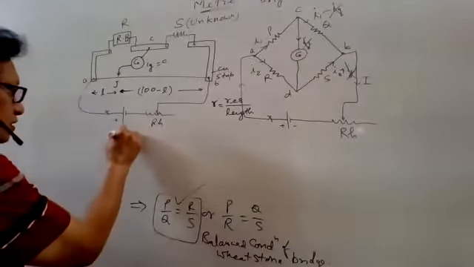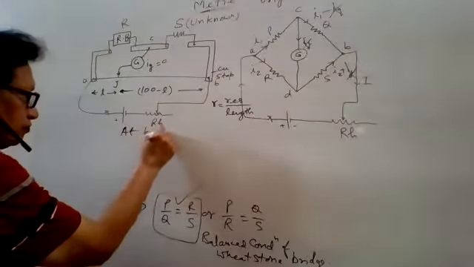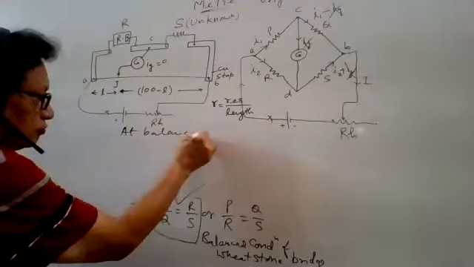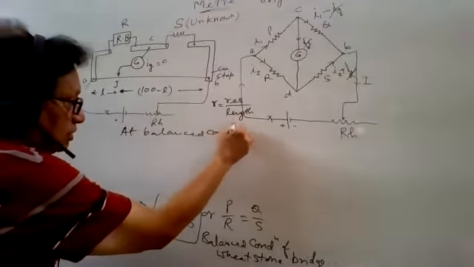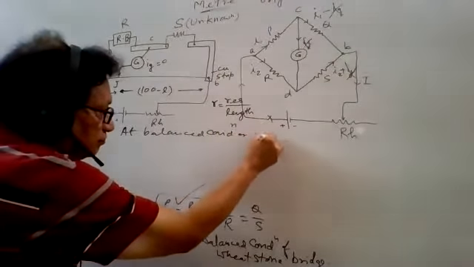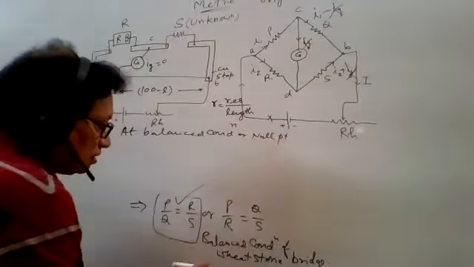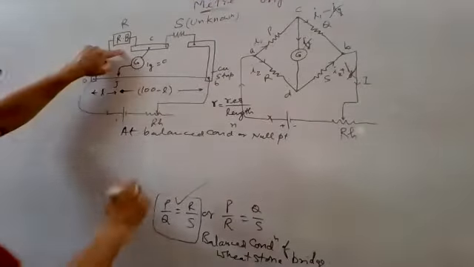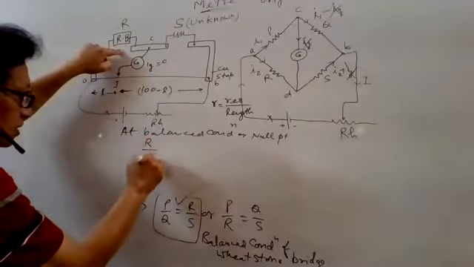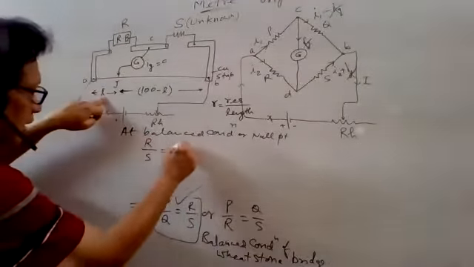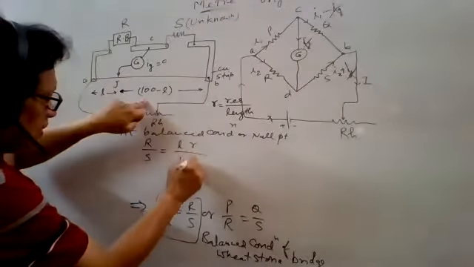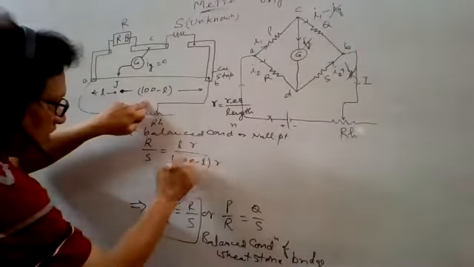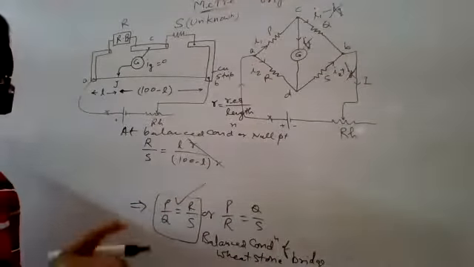At balance condition, or at the null point, this condition must be satisfied. So here R upon S equals Lr upon (100 minus L) into r. Cancel out this r, just one minute.